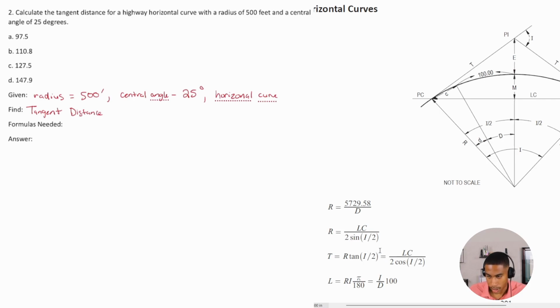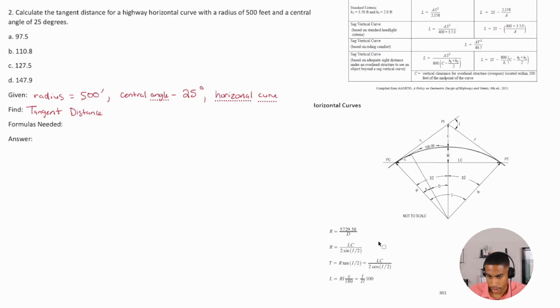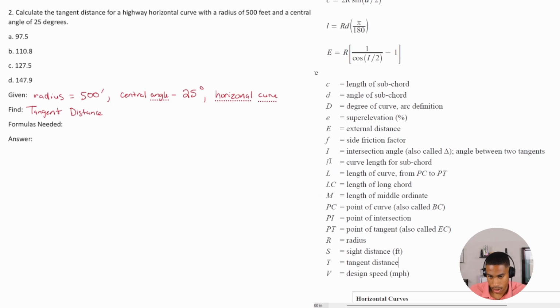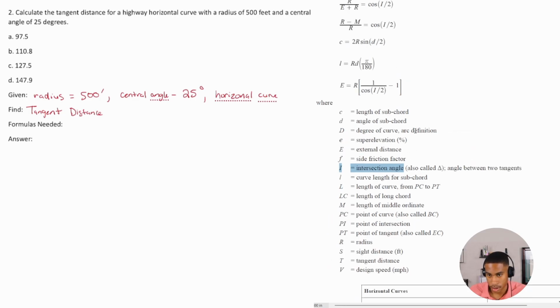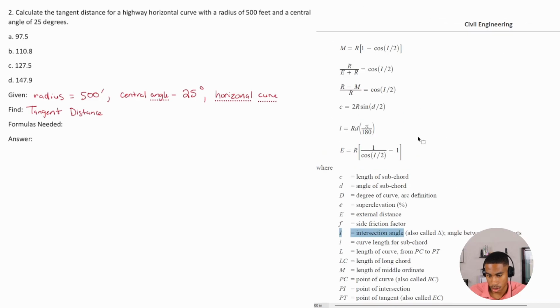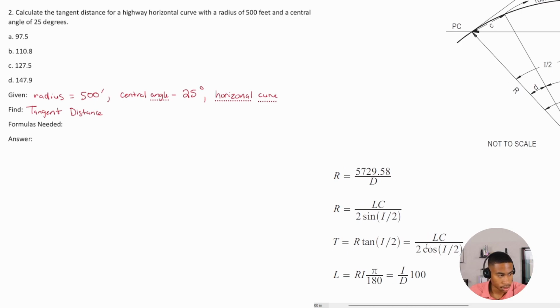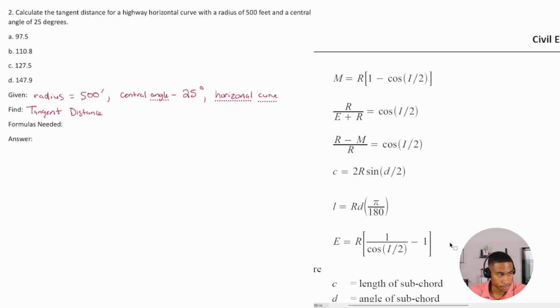Okay, so do I have I and do I have R? R we know is the radius, and I we can check to see what I is. So I is the intersection angle, which is the exact same thing as the central angle. So we have everything we need to solve this problem. All right, so now it's just a matter of plugging and chugging.